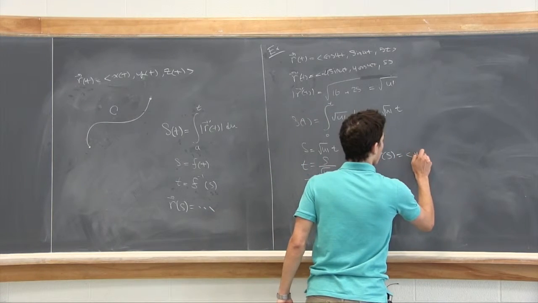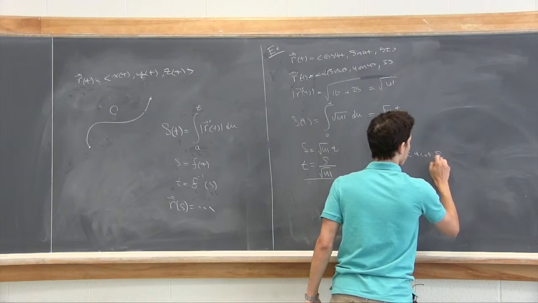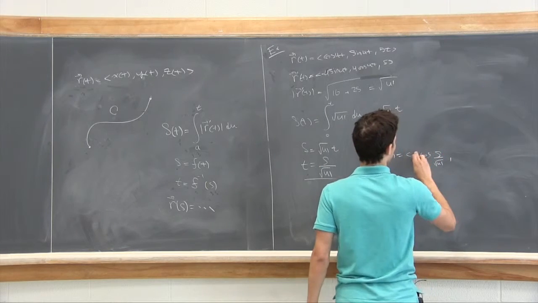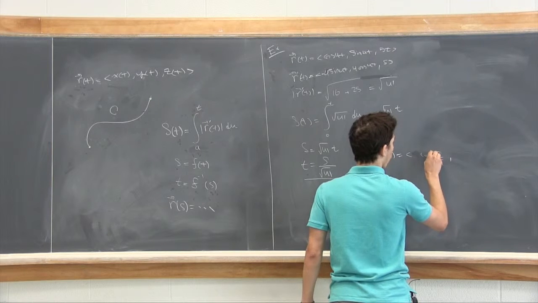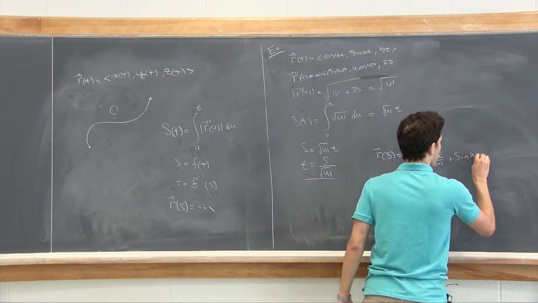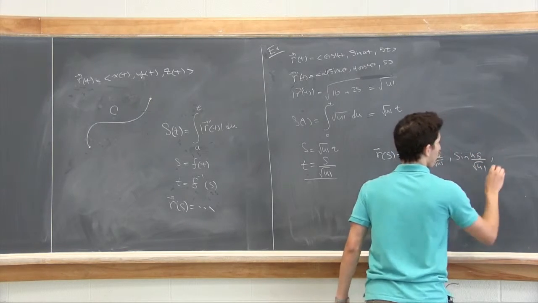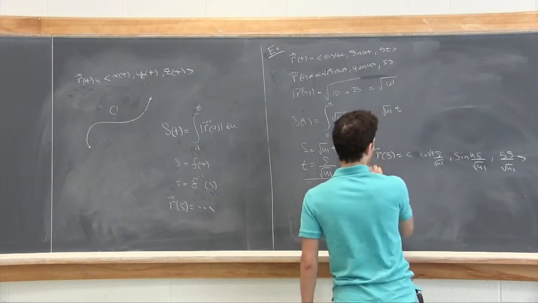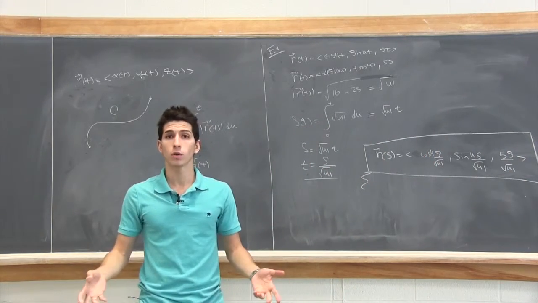It's going to be cosine of 4s over root 41, sine of 4s over root 41, and 5 times s over root 41. And that is our reparameterization according to the arc length.